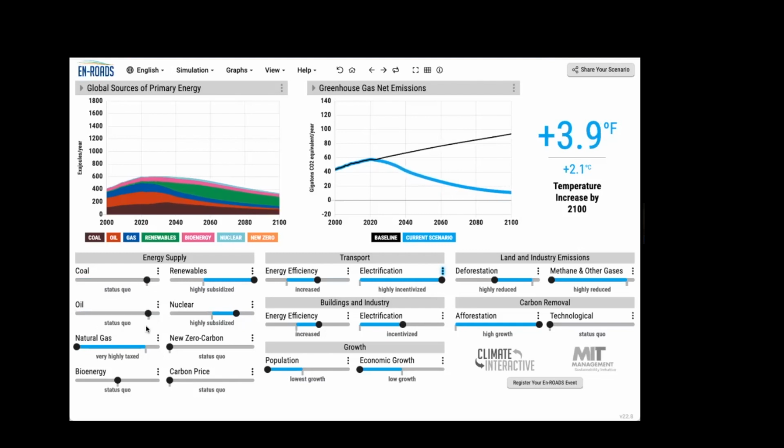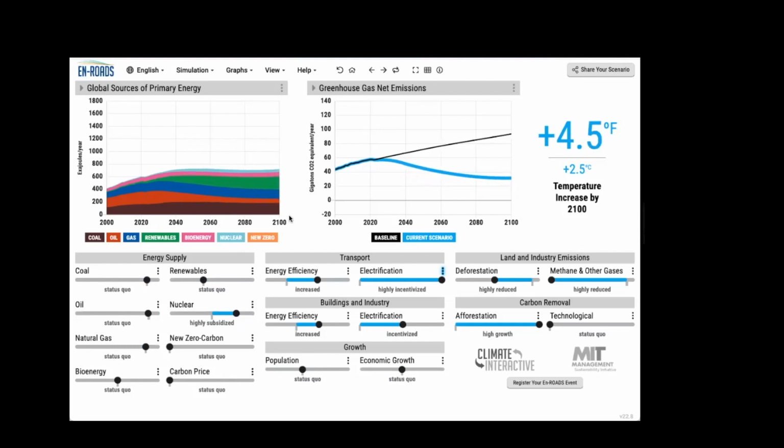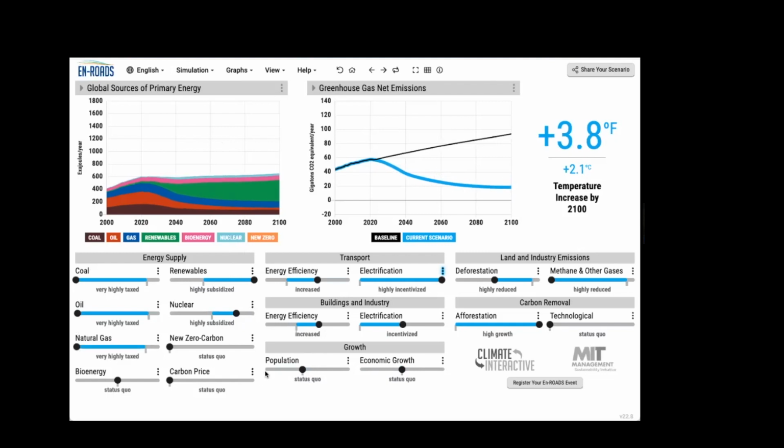Mm-hmm. I think it's a little bit harder because we also, yeah, you can see some of it. I think actually, if you put population and growth back and then did this, you would see a bigger impact. Yeah. But we're going to go back to what we had here.